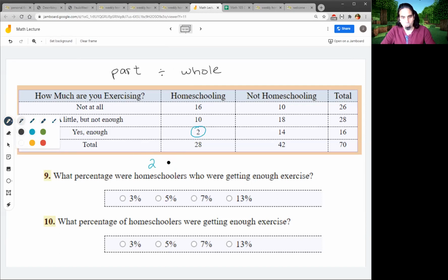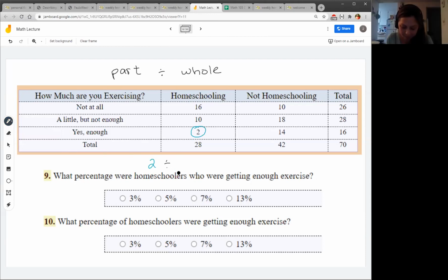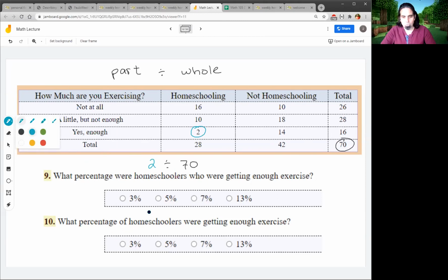And then what's the whole? That's why I got confused, because I thought it would be the 70, because I thought that was homeschooling and getting enough exercise, and then 10 would be just out of how many. For here, the total is 70. Okay. And then for the second one, what percentage of homeschoolers were getting enough exercise?